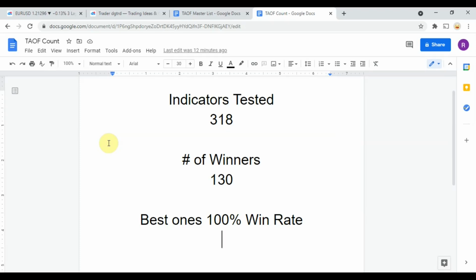The best ones so far were able to achieve a 100% win rate. Now you need to go back and watch those videos to understand the context of how they were able to achieve that. But as we are working on building the best trading system possible, you could take any one of those 130 indicators and get out there and start potentially profitably trading the markets with them now. So go back and watch those videos, make a list of those indicators, and get out there and see what you can do with them. But stick with us here as we work on maximizing your trading profits.